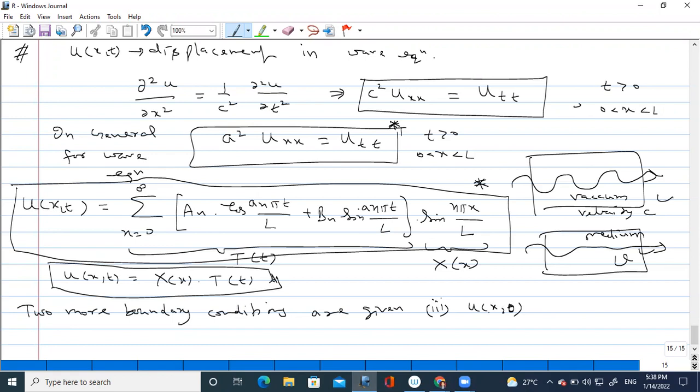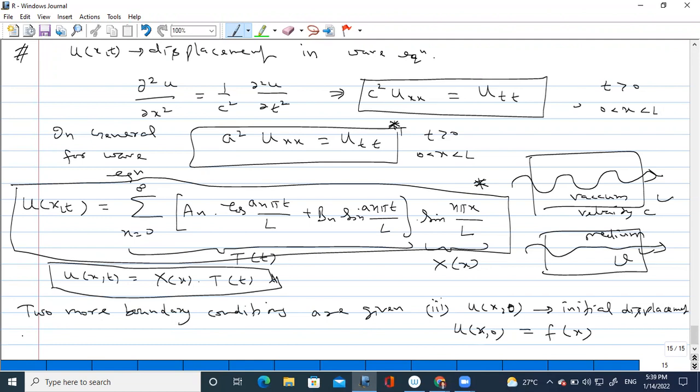This is the value of u at any position x, but starting time is 0. So this is known as initial displacement. Because t is not there, it will be purely a function of x. So u(x,0) is nothing but a pure function of x.